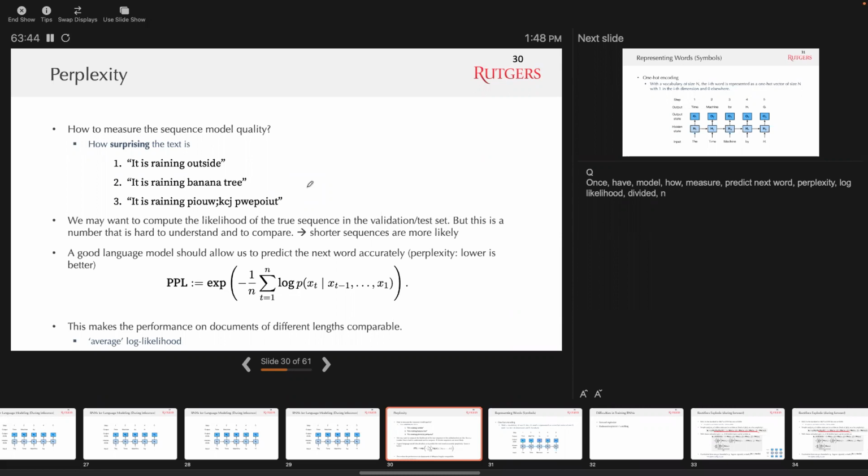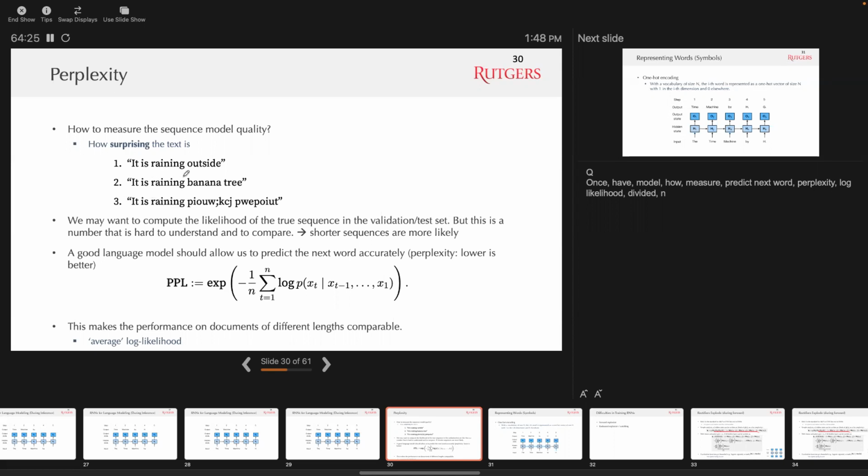You can measure the quality of the sequence model by seeing how surprising the text is. If you look at these three sentences: the first is it's raining outside, the second is raining banana trees, and the third is raining some random characters.